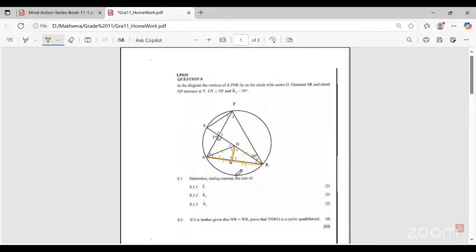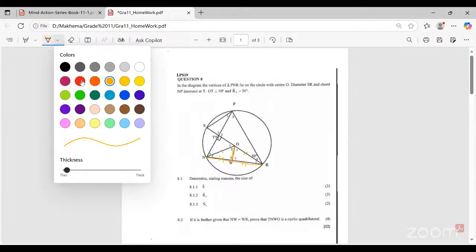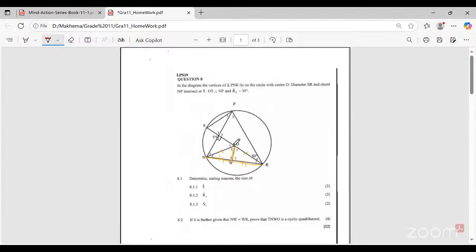Then we say triangle ONW is congruent to triangle OWR. So Nompumelelo is saying this triangle is congruent to this one right here. Then we can say that W1 is equal to W2, which is equal to 90.